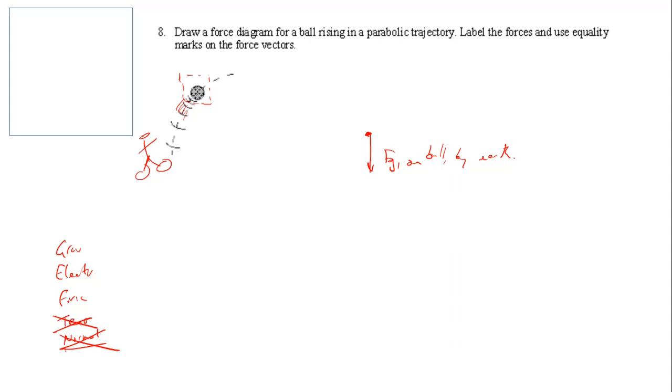There is a little bit of air, but on a ball I don't think it's going to be much. I might put that in. It'll be going against it, like that. F for friction on ball by air. We've got gravity and there's definitely no electromagnets anywhere.